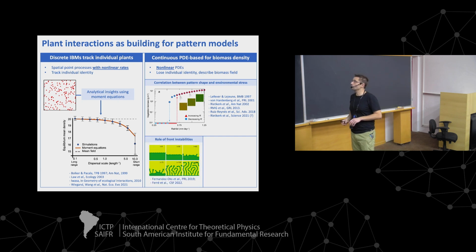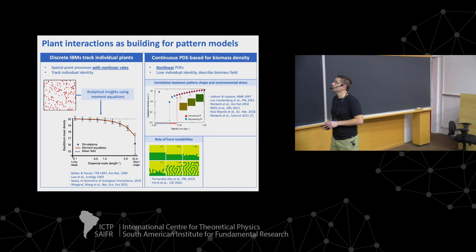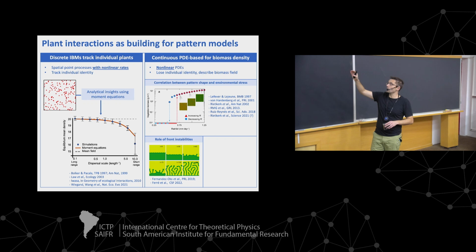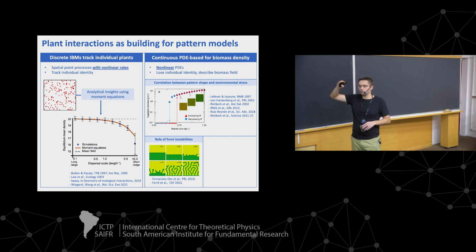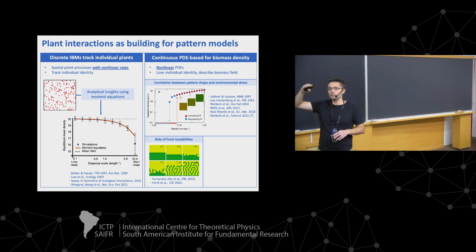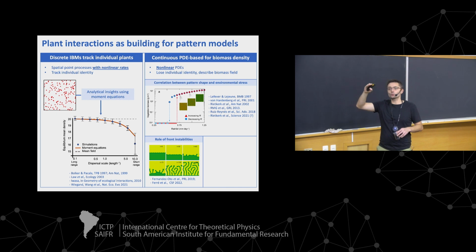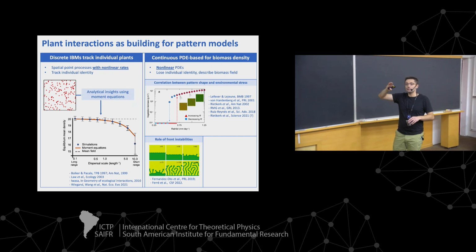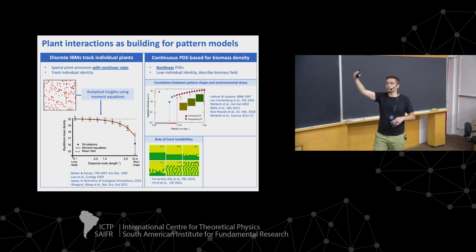And this is work from Ehud Meron's group in Israel, where they propose that when you have the front or the frontier between a desert and a vegetation system, just fluctuations in this front could destabilize this frontier, and somehow, depending on how this instability works, this could lead to a recovery of the desert.